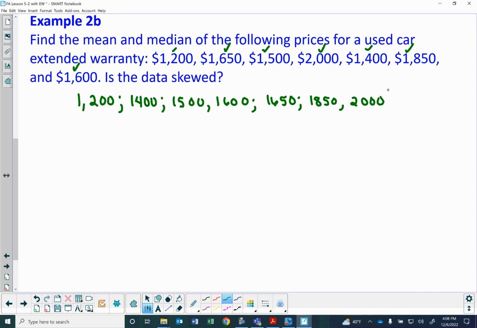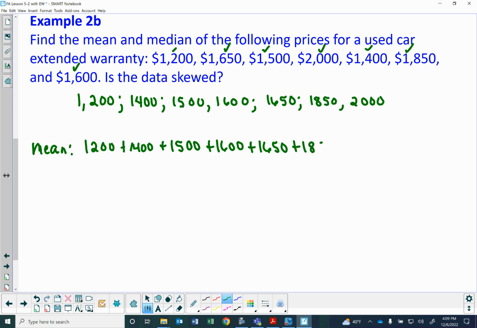Okay. So to find the mean, that's the first thing we're going to do. To find the mean, I'm simply going to add 1,200 plus 1,400 plus 1,500 plus 1,600 plus 1,650 plus 1,850 plus 2,000. Divide it all by 7 data pieces.